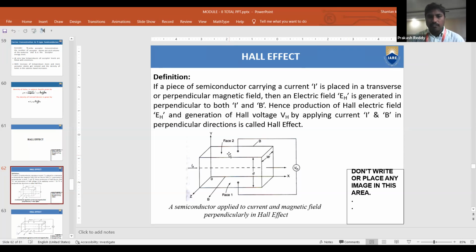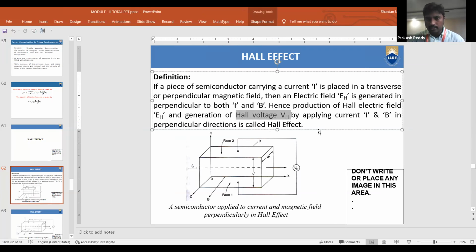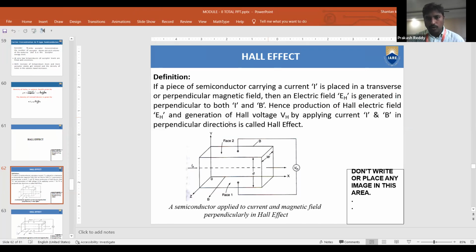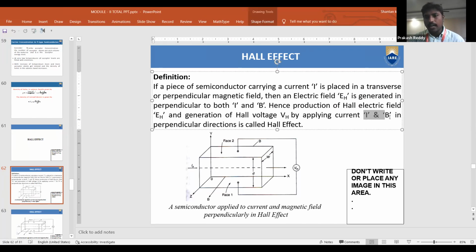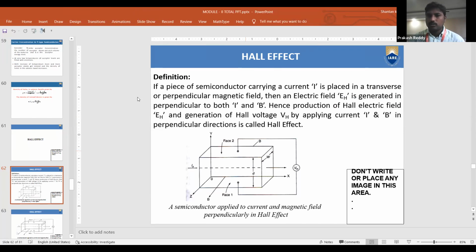Voltage is developed across the material; that developed voltage is called the Hall voltage. That voltage and the generated electric field are both perpendicular to current and magnetic field. This effect is called the Hall effect.